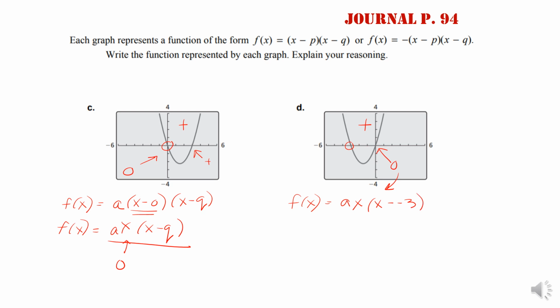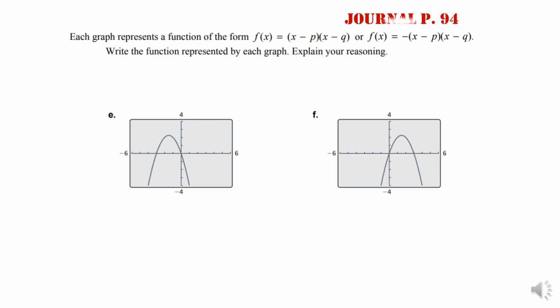And what do you see happens here? So this should be a times x times x plus 3. If I was going to write it in the standard form, it would be x minus q, but q is less than 0. So I just want you to be able to recognize that this would give you one that is 0 and one that is negative. Okay?